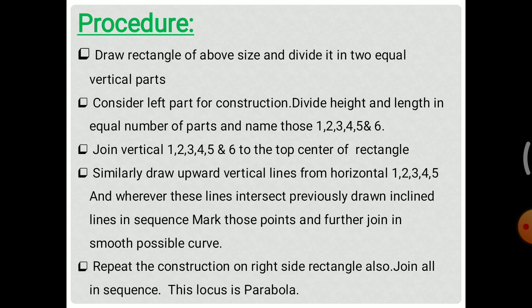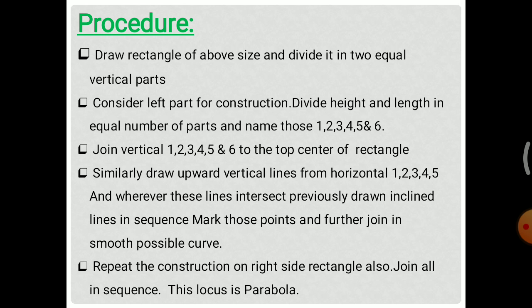We have divided it. Consider the left part for construction and divide the height and length into an equal number of parts and name those parts 1 2 3 4 5 6. In this problem I have taken 6 equal parts. You may take any number of your own choice, that is 4, 5, 6, 7.